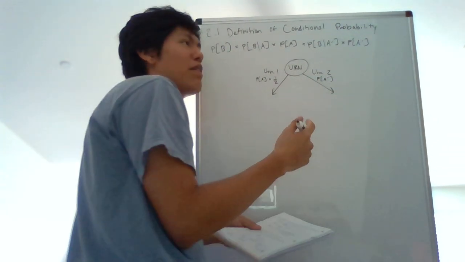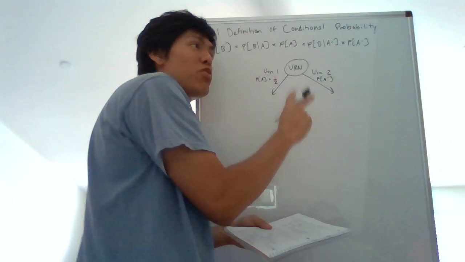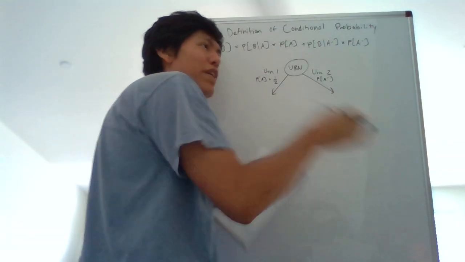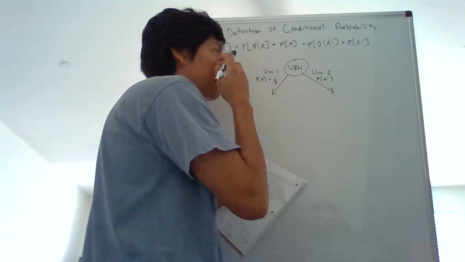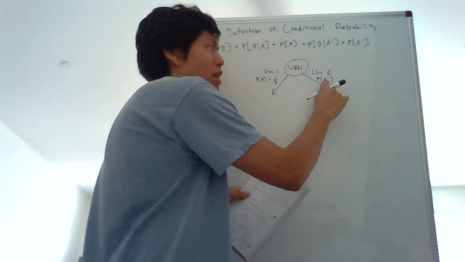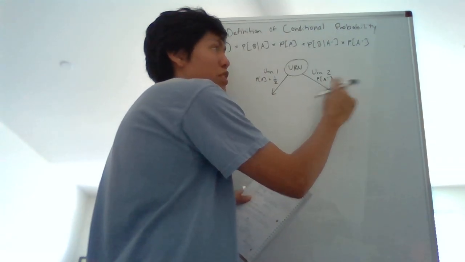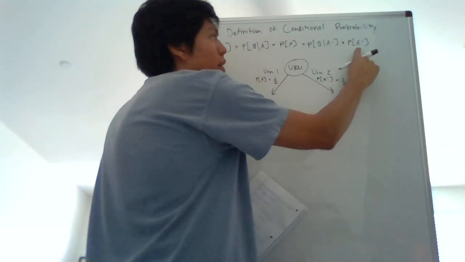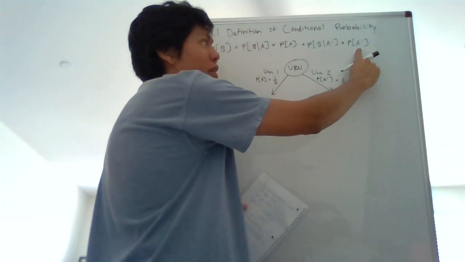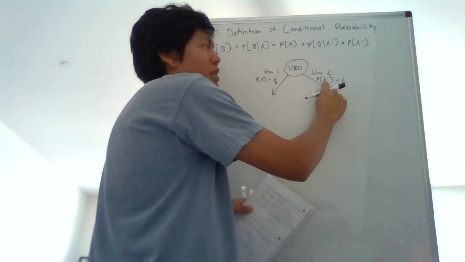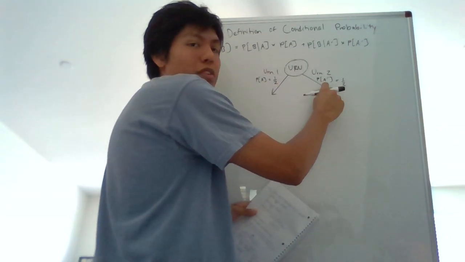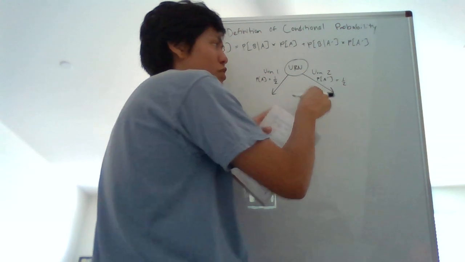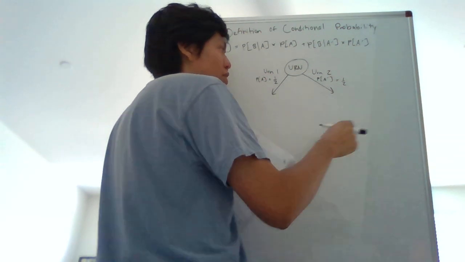Because since we're choosing from 2 urns, there's 2 different directions that we can take this in. So what's the probability that we choose urn 2? Well, it's also 1/2, right? And here's where that A complement comes in, because instead of choosing urn 1, we chose urn 2.